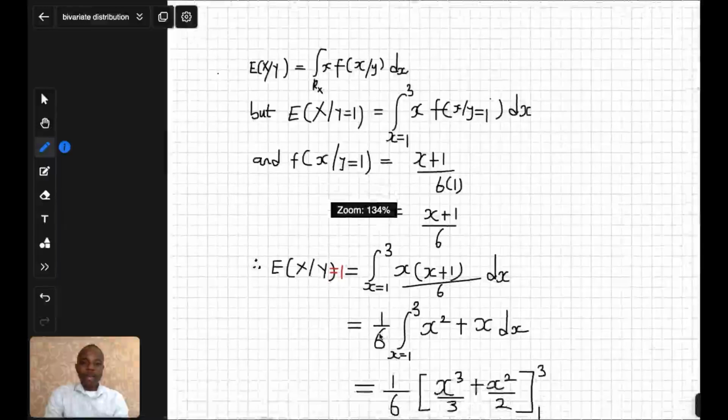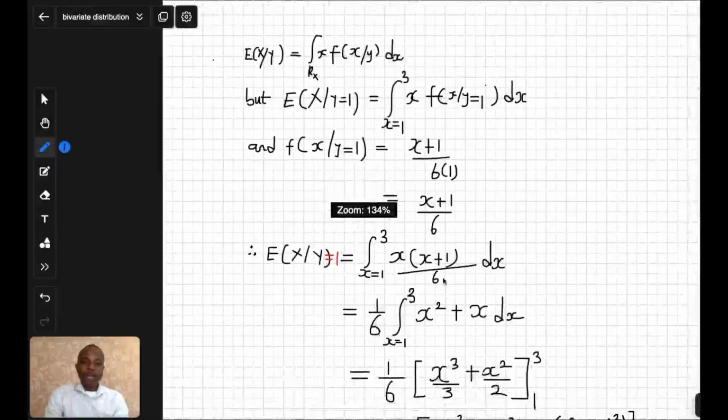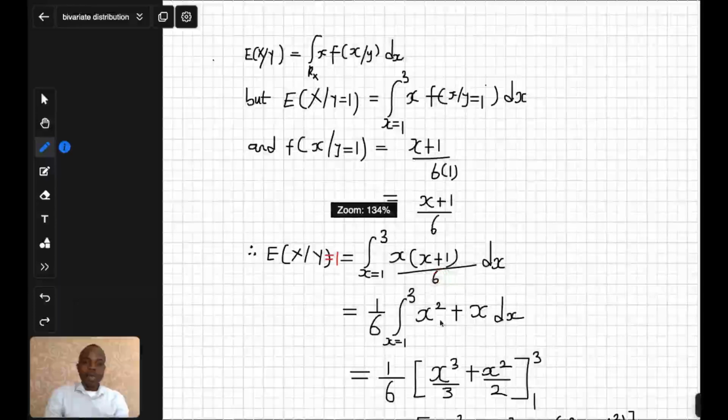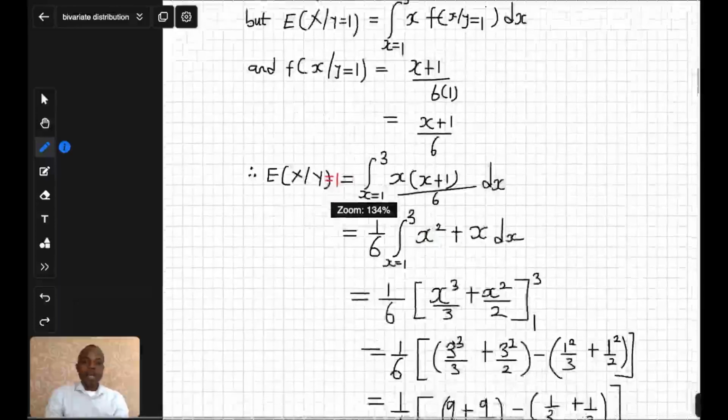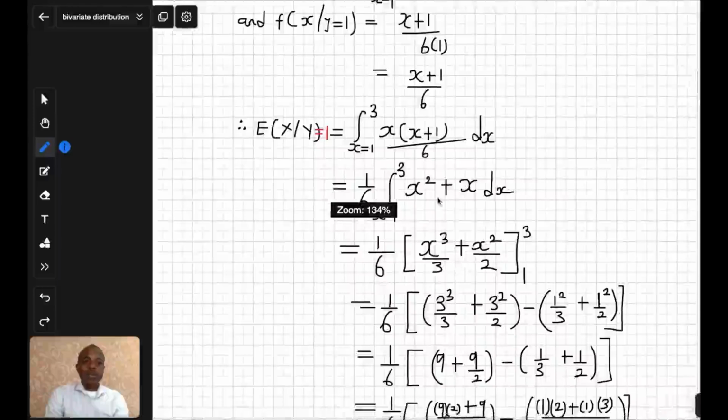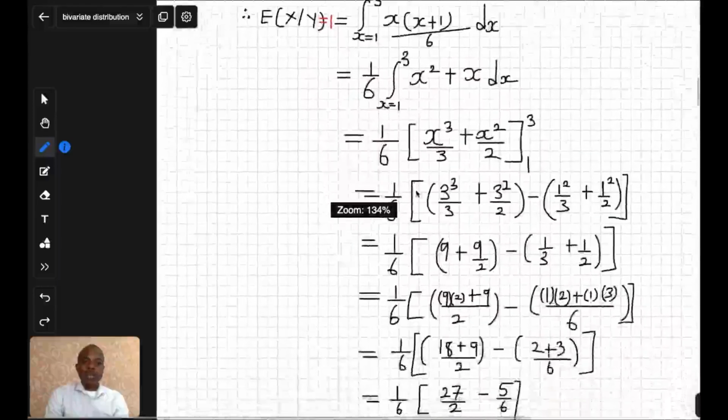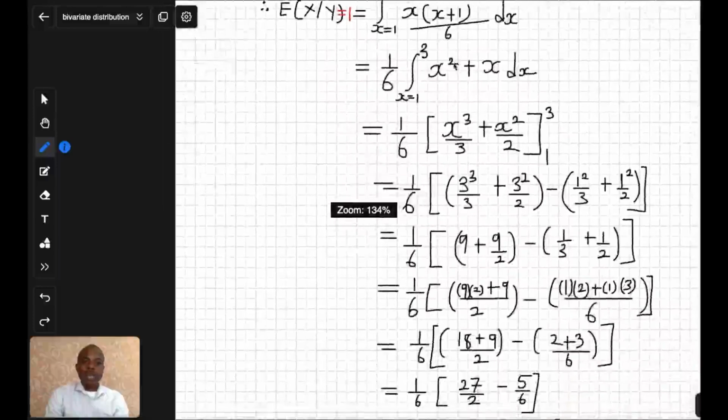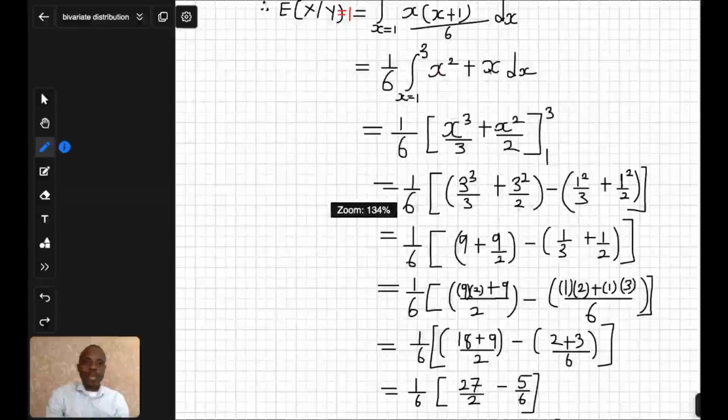Now, it will be equal to 1 over 6. We're bringing 1 over 6 out. And then x multiplying x plus 1 becomes this. And then we go on, substitute. Okay, we integrate. When we do the integral, we are going to get x raised to the power of 3 over 3 for this one, and then x raised to the power of 2 divided by 2 for the second one.